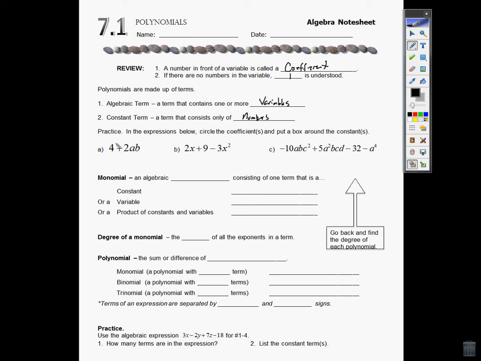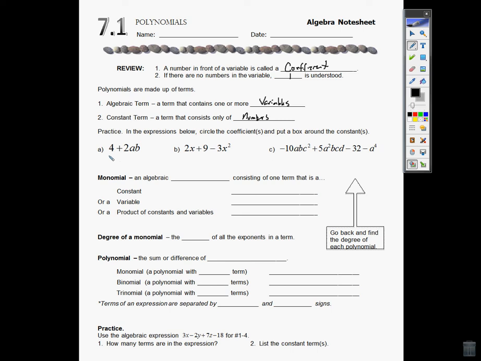Right below here in A, B, and C, I have some polynomials. Now, polynomials are made up of multiple monomials. So, for example, this 2ab is considered a monomial. It is one term within the polynomial.